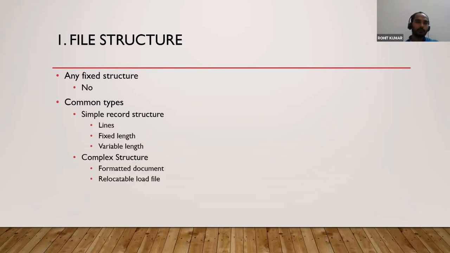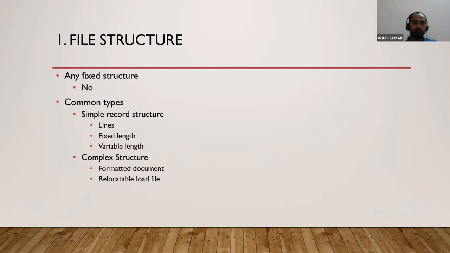Additionally, if you have some program files and after compilation of those programs you get relocatable files generated, those relocatable files are also termed complex structure, because if you open those files, you cannot easily identify what is written inside. For example, if you compile a C program file, then whatever object file you get, if you open it, you will not see anything meaningful because it is machine readable.